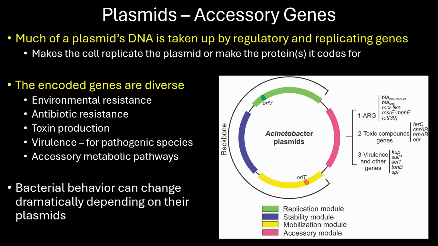This can be the difference between a benign, non-disease causing bacterial species and a species that is incredibly destructive and virulent, a very effective pathogen. It can also mean the difference between a bacterium that is vulnerable to a certain antibiotic and one that is highly resistant.